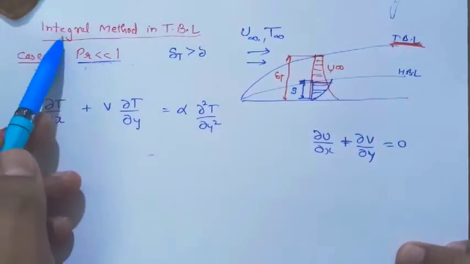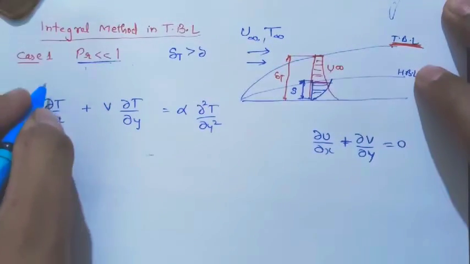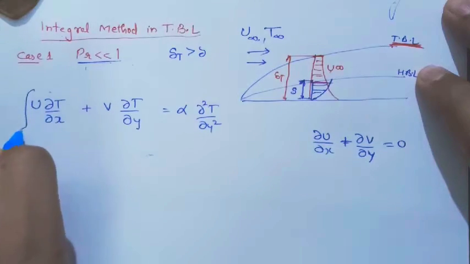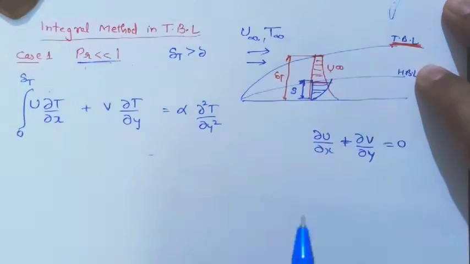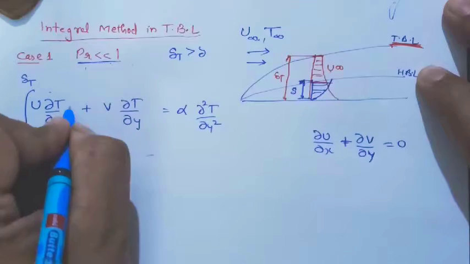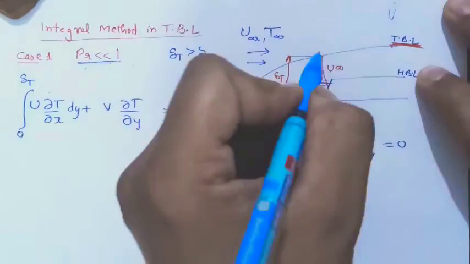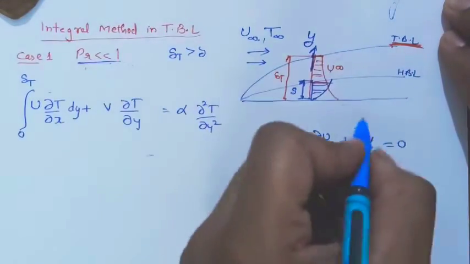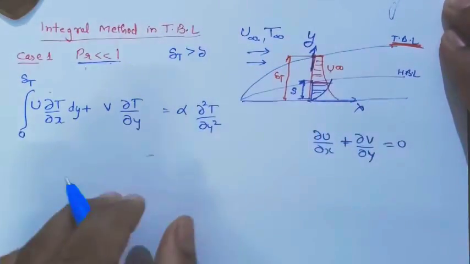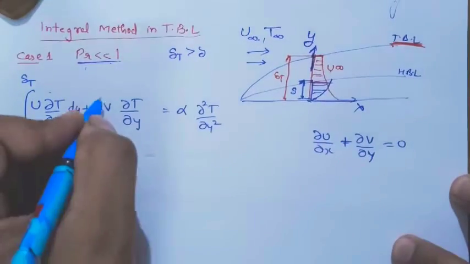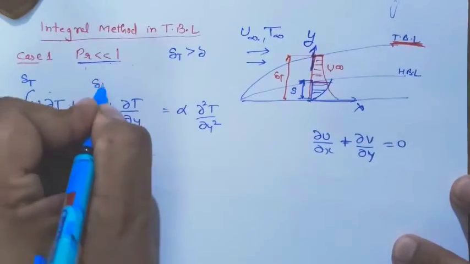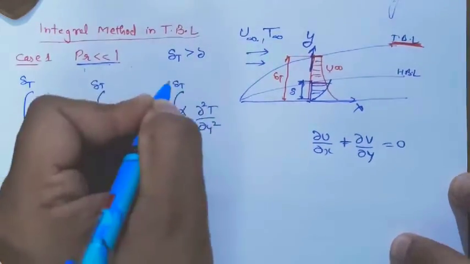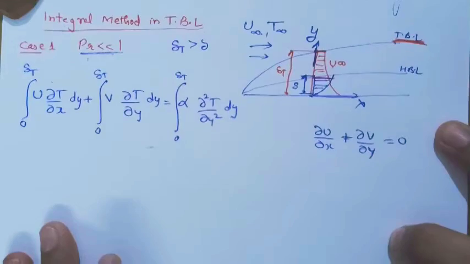So by using the integral method, what we are doing is integrating these whole terms from 0 to delta T with respect to y, because this direction is y, right, and this is the x direction.